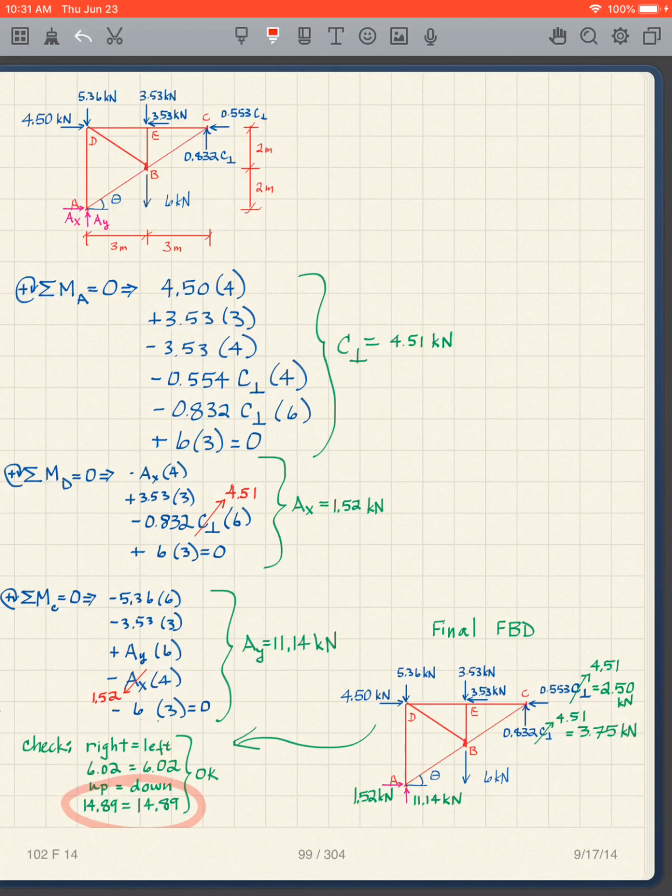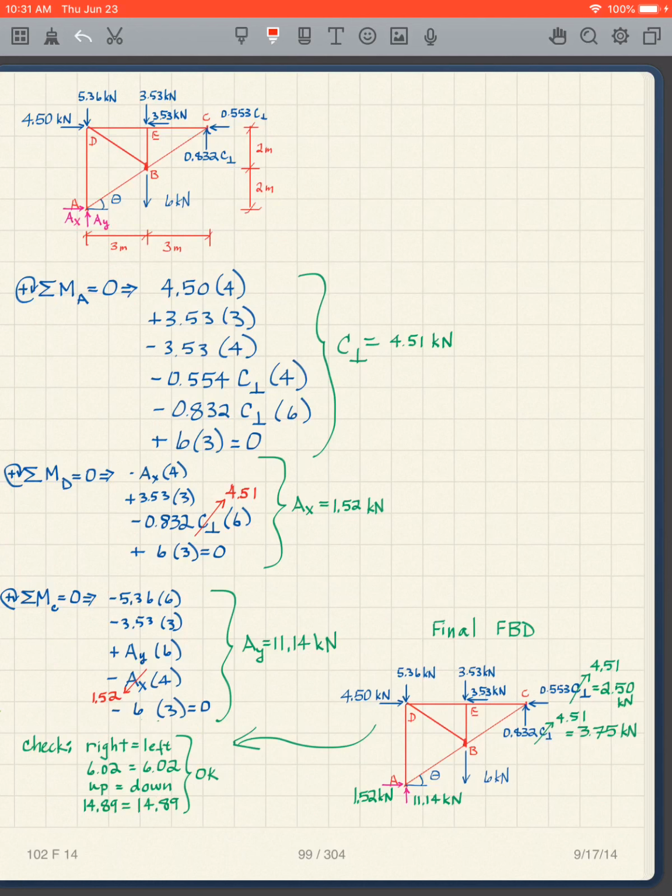Up and down are the same: 14.89, 14.89. I can now use the sum of the forces in the x and y direction. Again, it's not guaranteed that you're going to have exactly the right answer, but it gives you more confidence when that all is true.